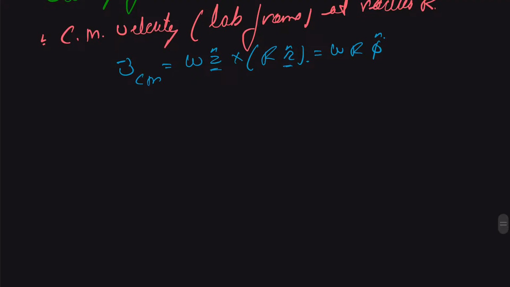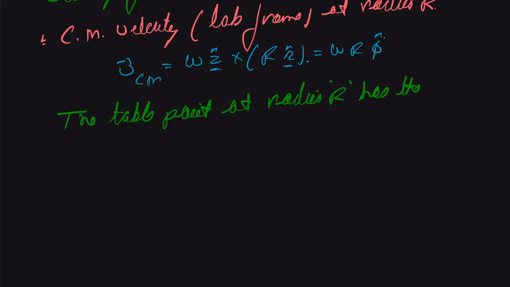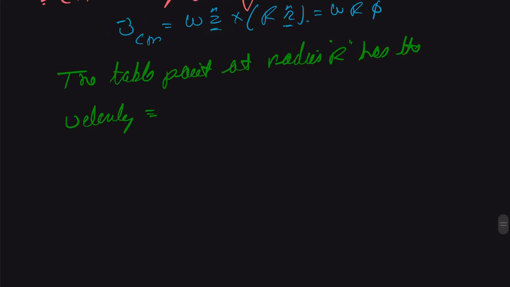Furthermore, we can write that the table point at radius r has the velocity, and let us call this V table, which will be equal to omega z unit vector cross r r unit vector.